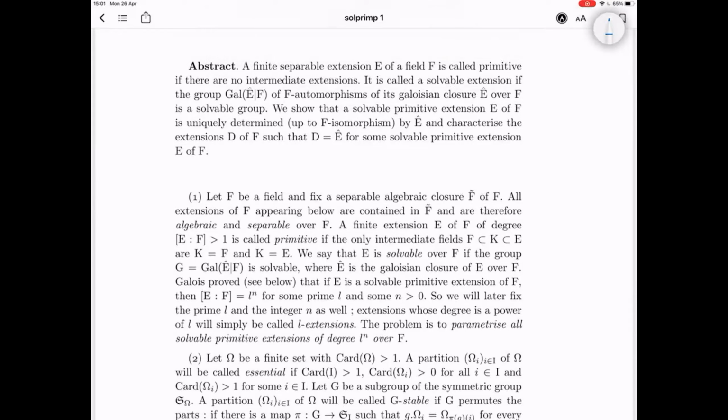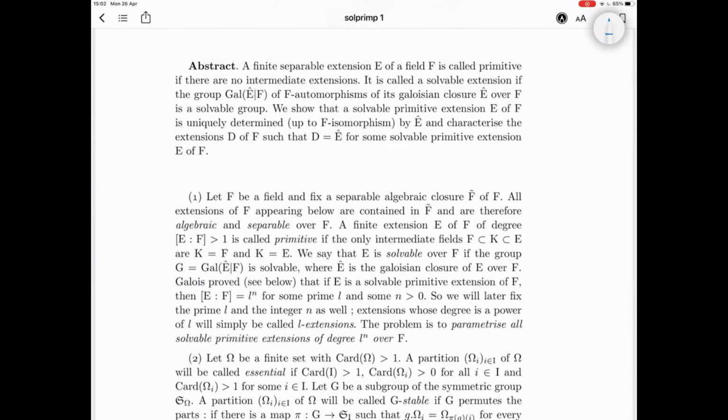Let me say it in words. A couple of weeks ago, we had looked at a field F and a prime P, and we were considering all separable extensions of the field which were of degree P. And when you take the Galois closure, the Galois group is solvable.